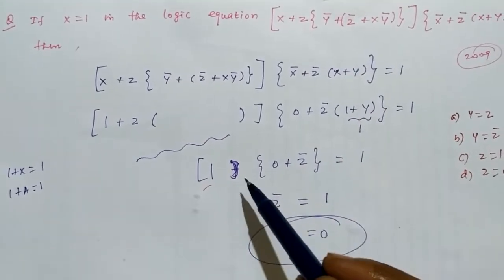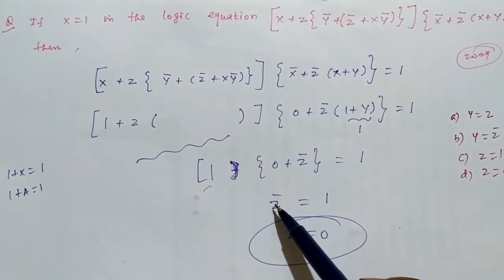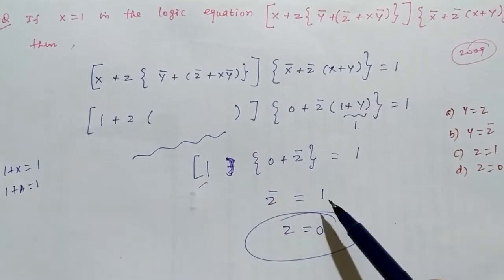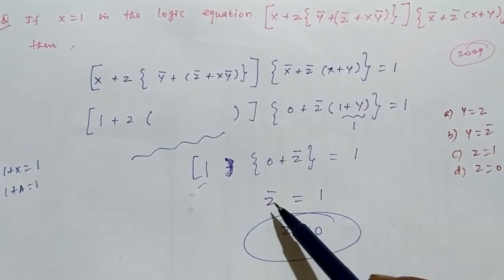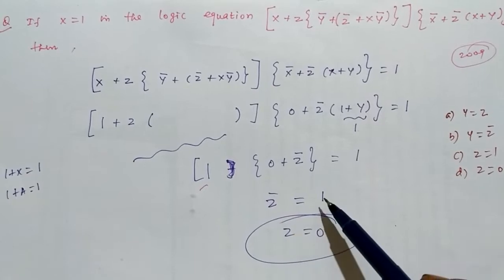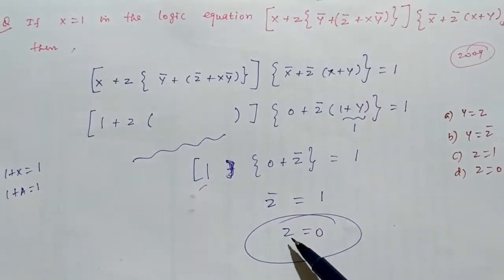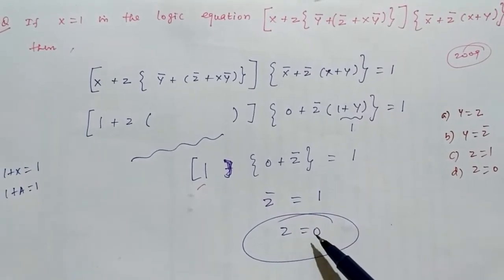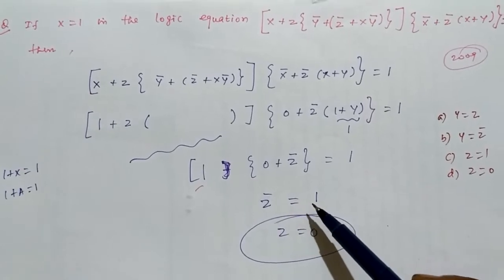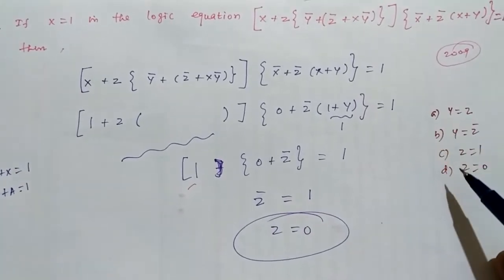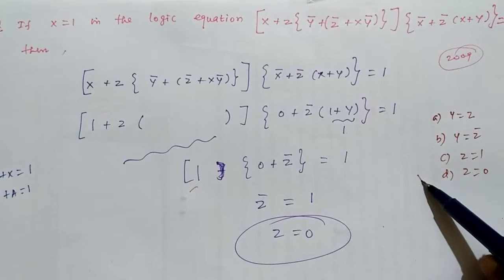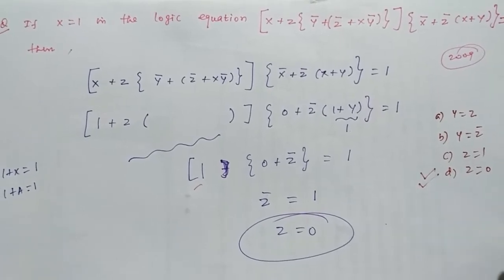So the next step is, here we have Z bar is equal to 1. So therefore Z bar is equal to 1 when Z value is 0. When Z value is 0, this equation is true. So among the given choices, Z is equal to 0 is the answer.